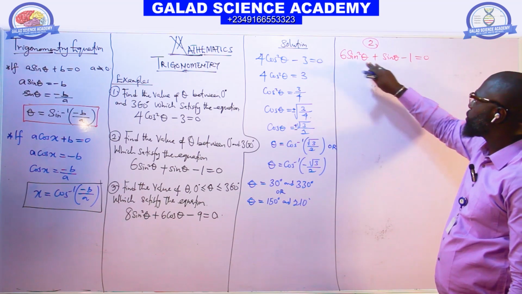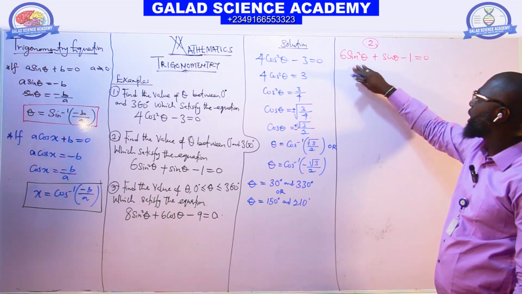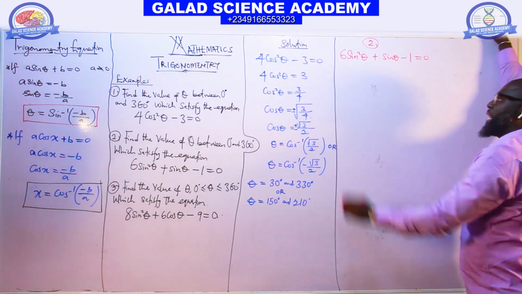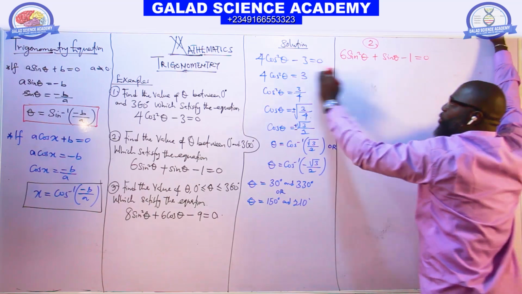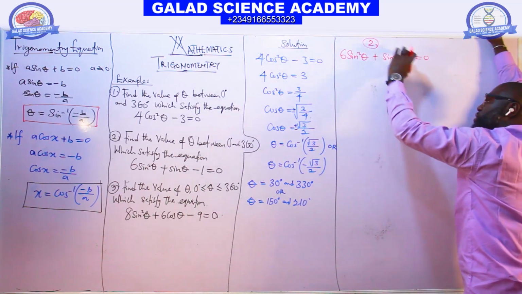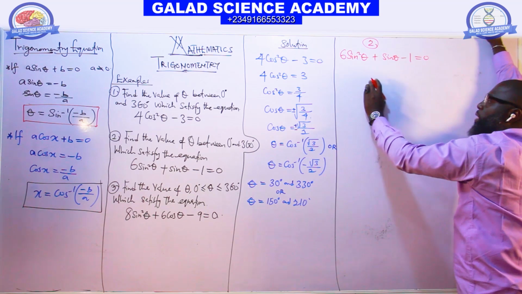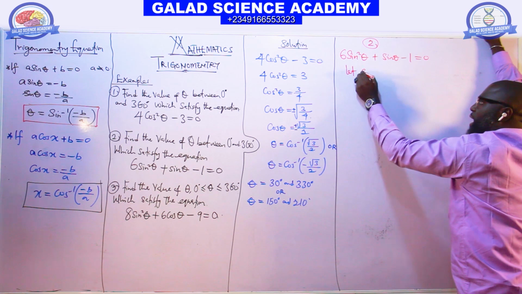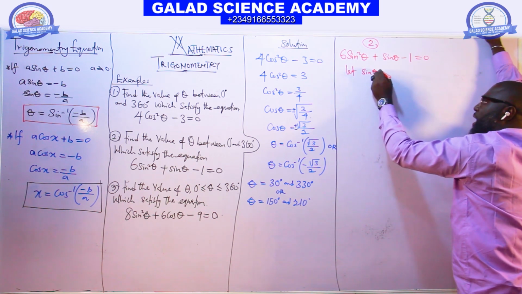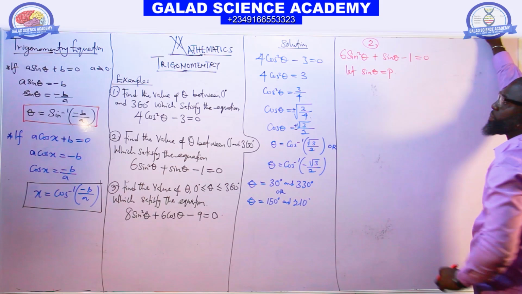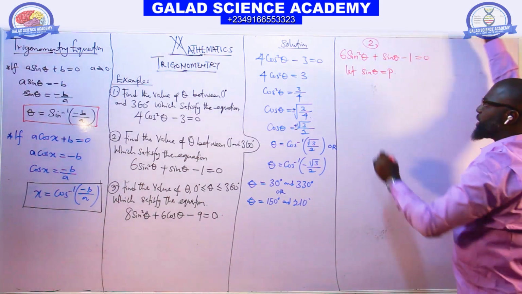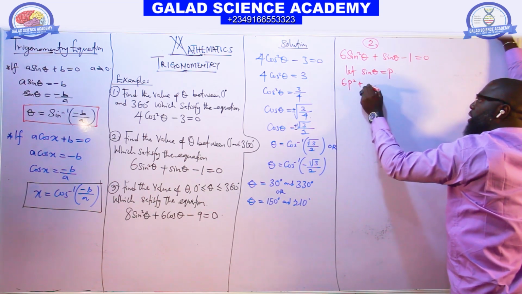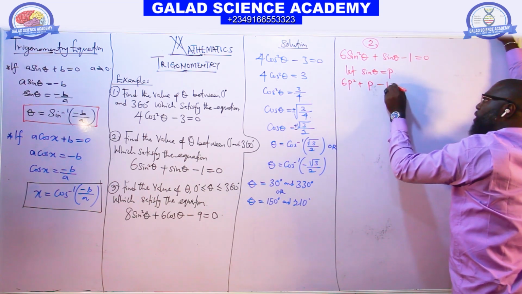We have two sine functions here. For convenience sake, in order to make it easier, here we have just one cos, here we have two sine. For this kind of question, let sine theta equal to P. When sine theta equals P, we put it here. You will now have 6P squared plus P minus 1 equal to 0.